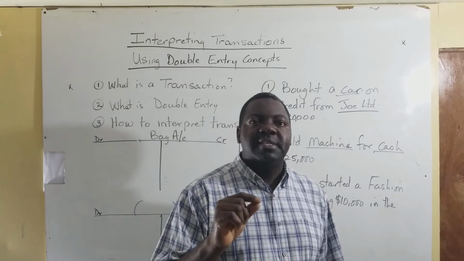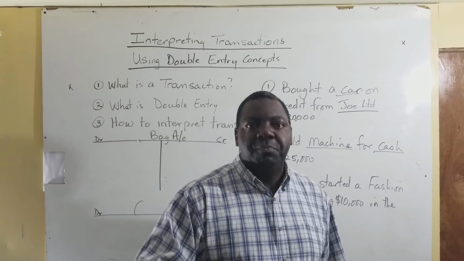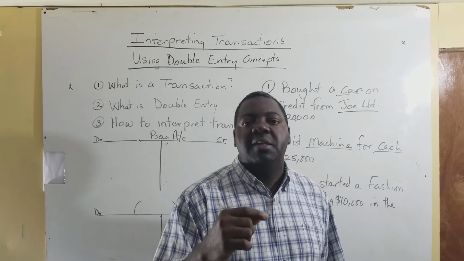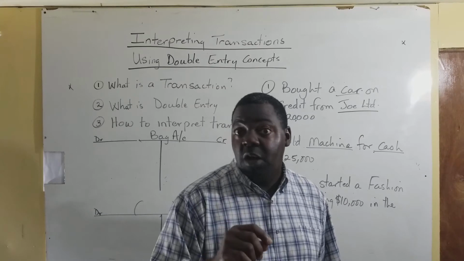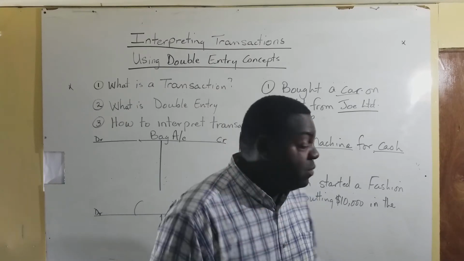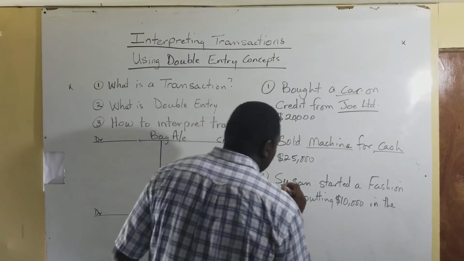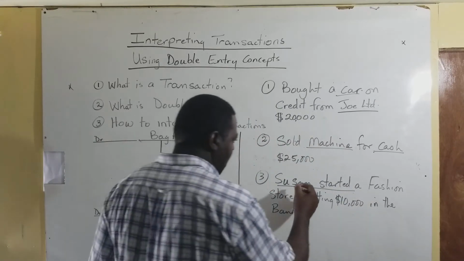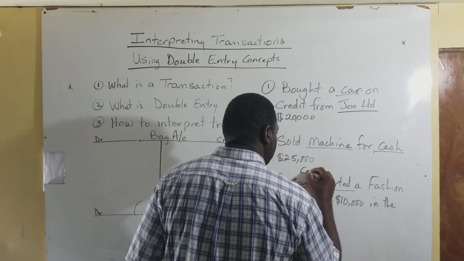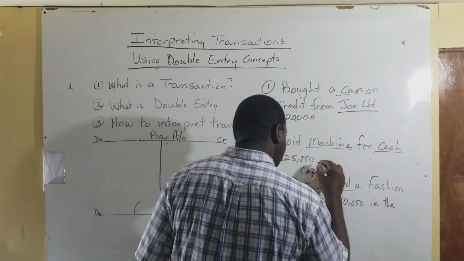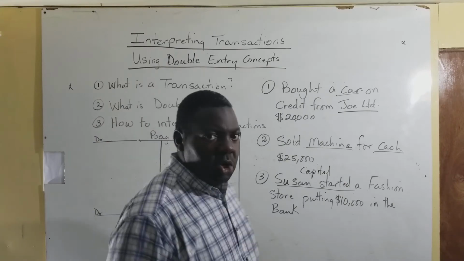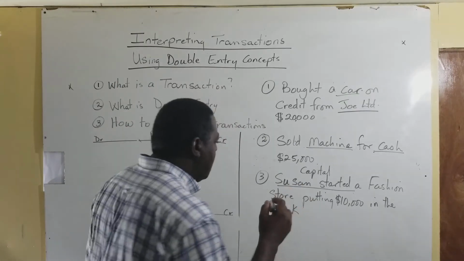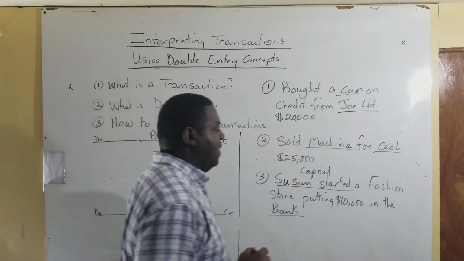So once she's starting this business, the account affected would be capital. Now, where is she putting the money? She's putting the money in the bank. So the bank is the next account affected.